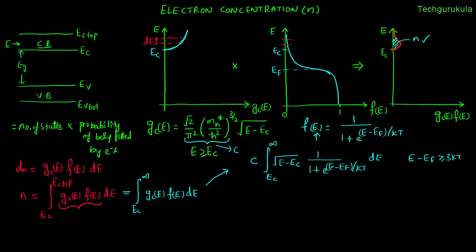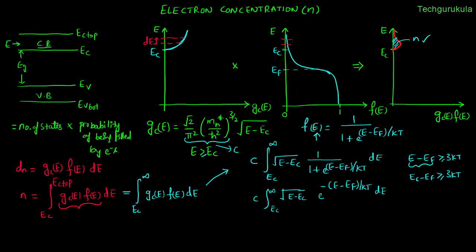In that case, this exponential would be a far greater value compared to this one, which means I can rewrite this expression. The lowest value of E minus EF will be EC minus EF. If this itself is greater than 3kT, then we can say that this assumption is valid.